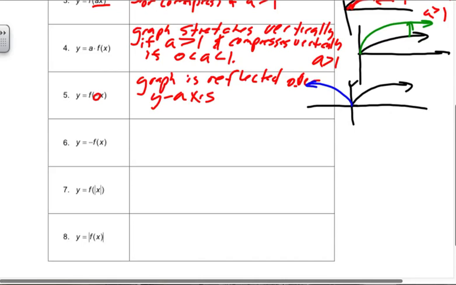Okay, well this looks kind of similar, except it's on the outside. And this means the graph is reflected over the x-axis.